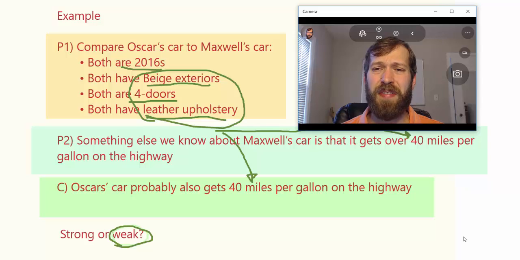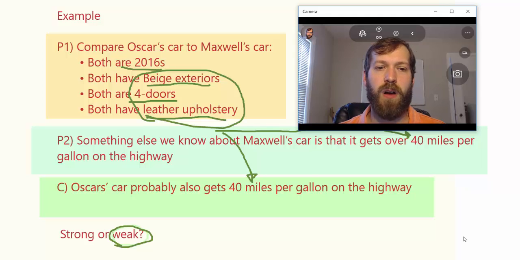But it's not that strong of evidence because we don't know anything about the make or model of the car, only the year. And we need to have some information about the kind of engine that the car has, or whether it's a hybrid or something of that sort.